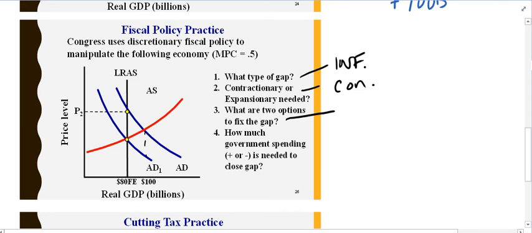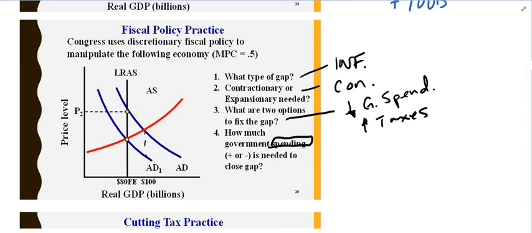Well, in a contractionary gap, right, we would want to decrease spending, right, or increase taxes. And how much spending, right? It's asking spending. How much spending should we? So we have a gap of 80 to 100, so that's 20. There's a gap of 20.